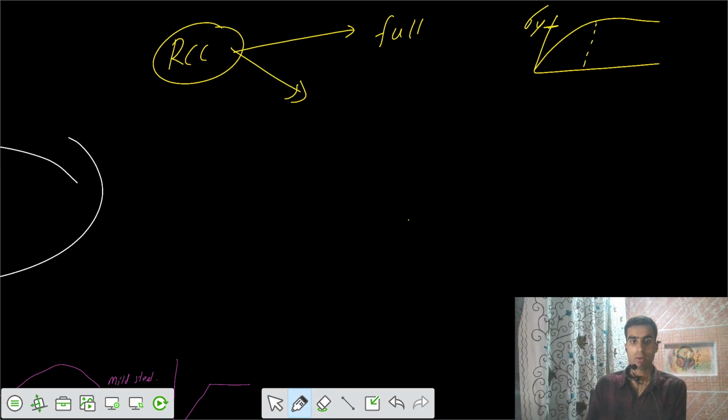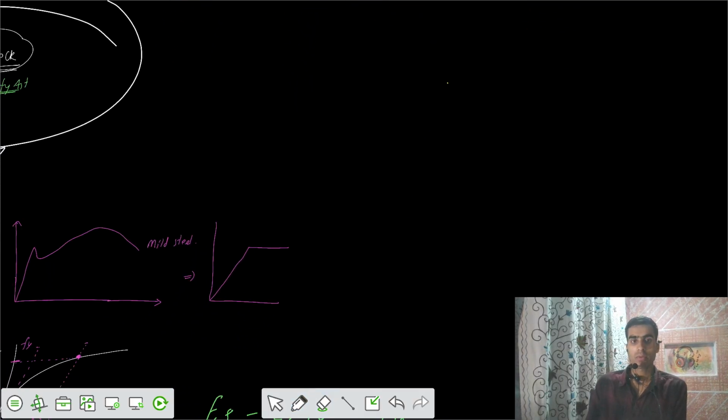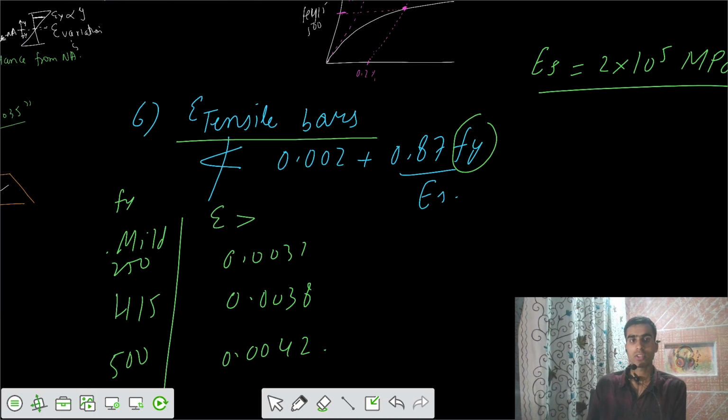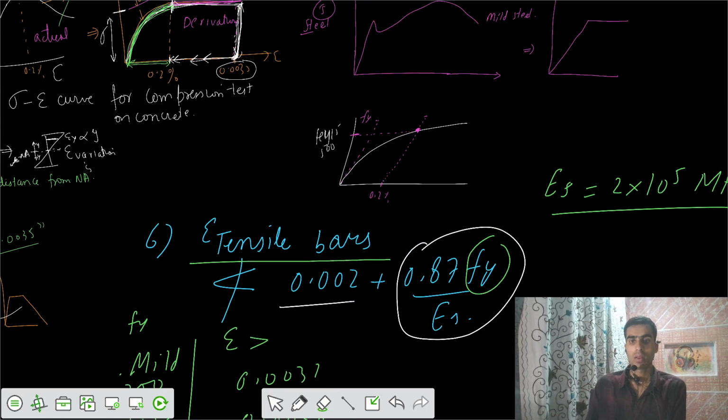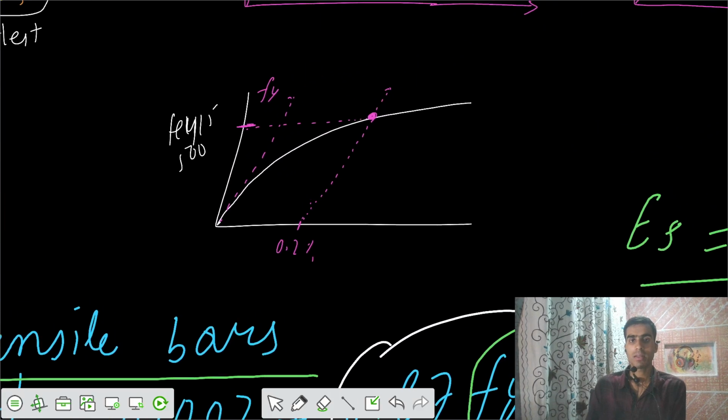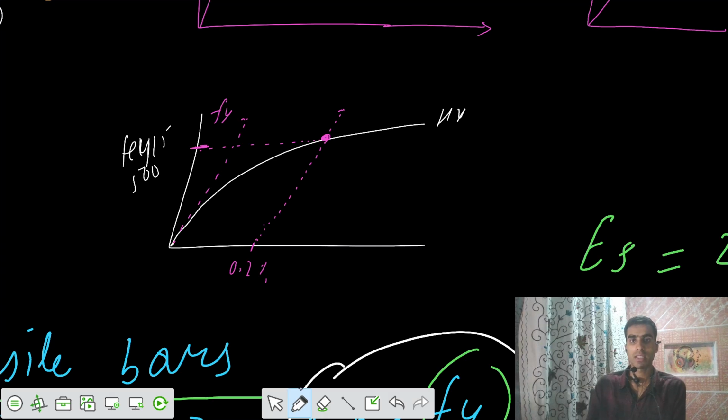Okay. Now, how has this strain developed here: 0.002 plus 0.87 Fy by Es. If you see this diagram for the HYSD bars, up to this value we have 0.2% strain.